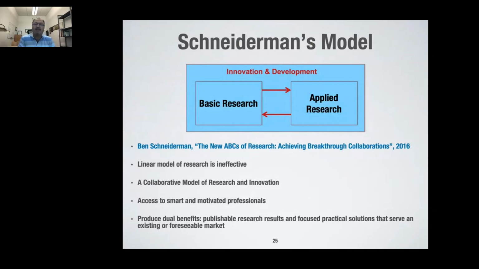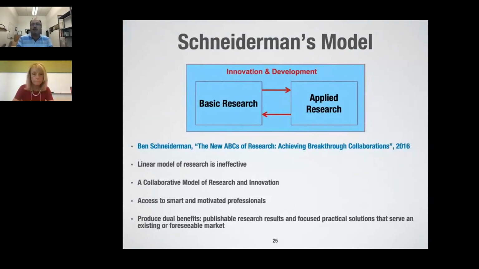At a high level, his thesis is that a linear model of research for applied fields is ineffective. By linear, he refers to the model where you do basic research and the results somehow percolate to applied research and the results somehow percolate to innovation. And rather, he proposes a collaborative model of research and innovation where basic research and applied research take place in an actual innovation and development context in collaboration with smart and motivated professionals.